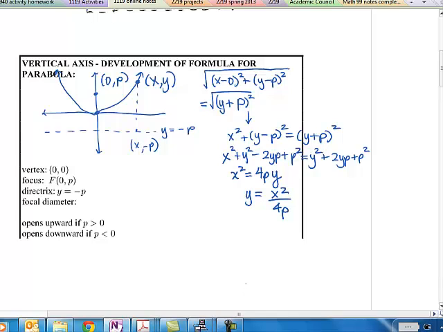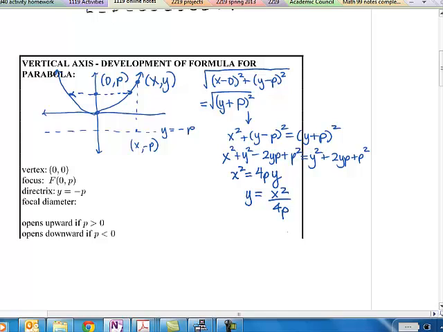All right, so that's what's called the standard form for the equation of a parabola with vertex 0, 0, focus 0, p, and directrix y equals negative p. The focal diameter is the distance across through the focus.